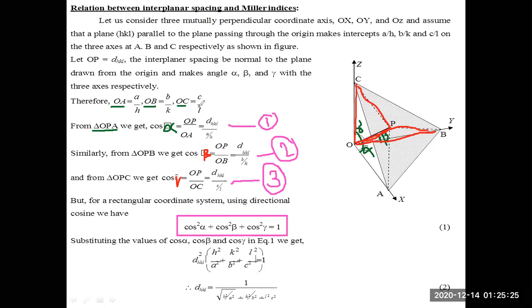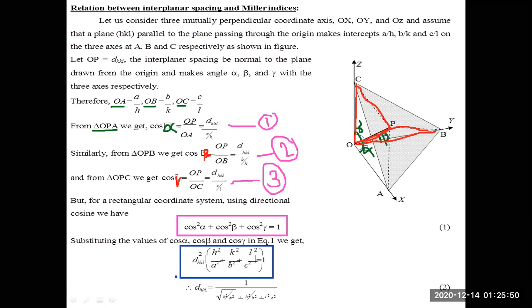So what will I get? d square hkl times h square by a square plus k square by b square plus l square by c square is equal to 1. We want the d_hkl value, right?